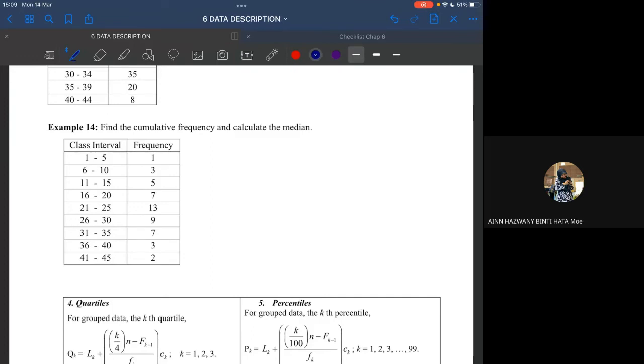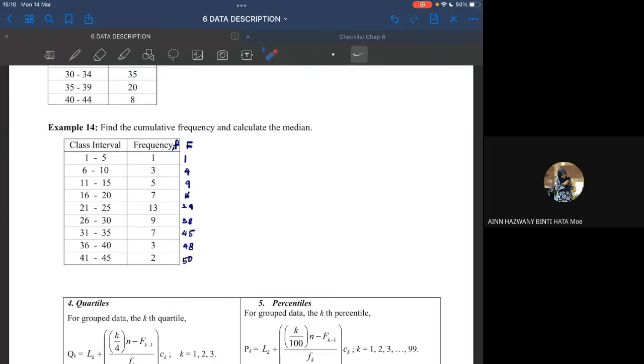So cumulative frequency direpresentkan sebagai F kecil. Cumulative frequency F besar. Okay, ini ialah cumulative frequency kita. So start with 1. 1 plus 3 kat sini ialah 4. 4 plus 5 kita ada 9. 9 plus 7 kita ada 16. 16 plus 13 kita ada 29. 29 plus 9 kita ada 38. 38 plus 7 we have 45. 45 plus 3 we have 48. 48 plus 2 we have 50.